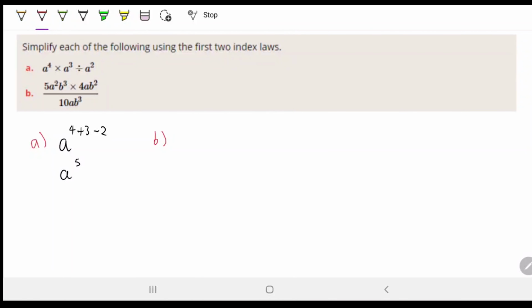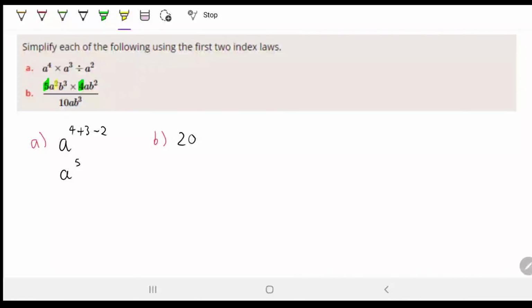Now with b, this is a little bit trickier. We have 5a squared b to the 3 multiplied by 4ab to the 2 divided by 10ab to the 3. So what I would do is I would multiply the coefficients first. So you want to look at the 5 and the 4. This is going to give you 20.